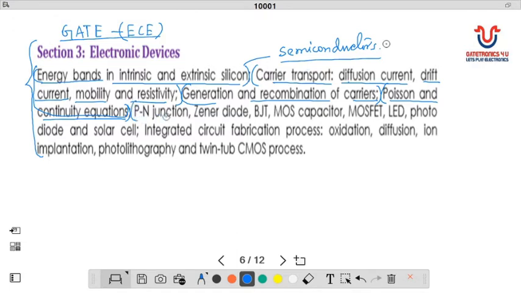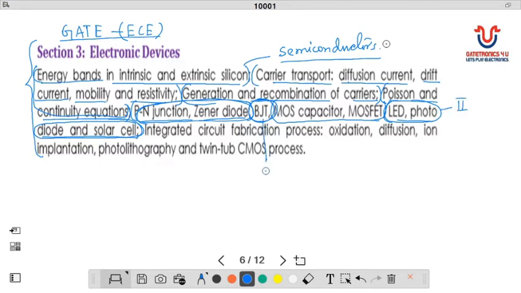The next part is the diode, that is the PN junction diode and Zener diode. This is the second chapter. The third chapter is the BJT, the bipolar junction transistor. Then comes the MOS capacitor and MOSFET. The LEDs, photodiodes and solar cells are also part of the second chapter.